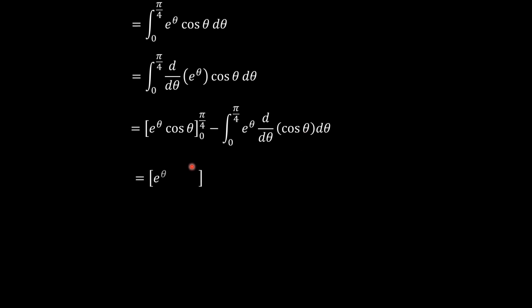Now, let's keep this as it is for now, and then we go ahead and say, okay, the derivative of cosine theta is negative sine theta, so we'll pull the negative out, so this sign becomes positive, and now we have the integral in this second item of e to the theta times sine theta.